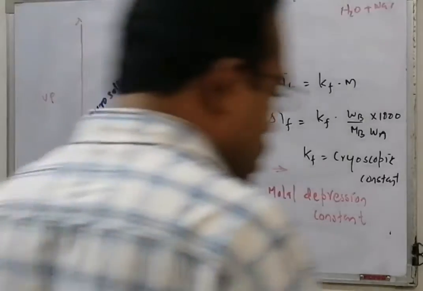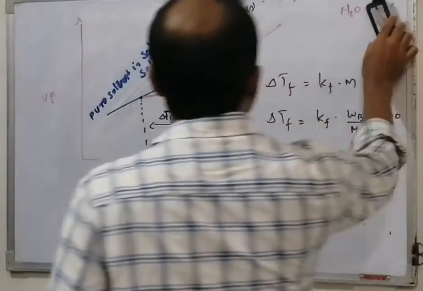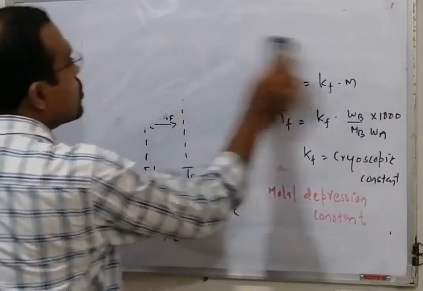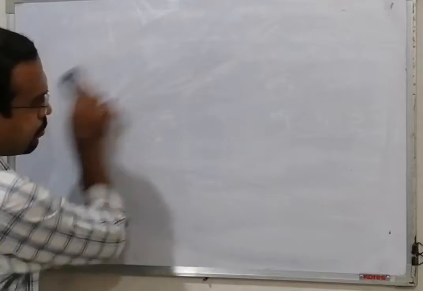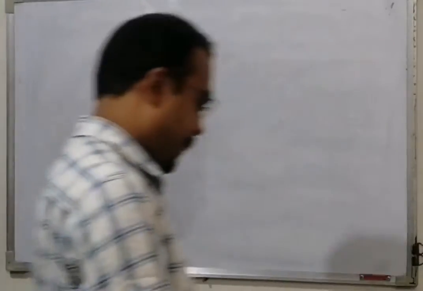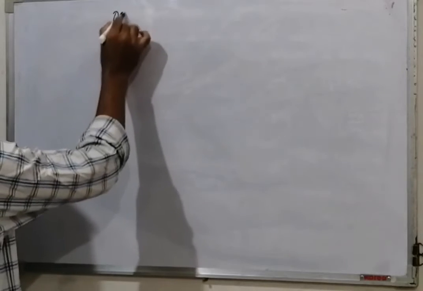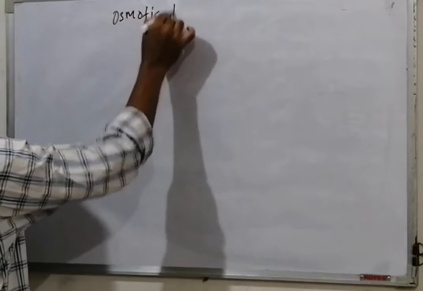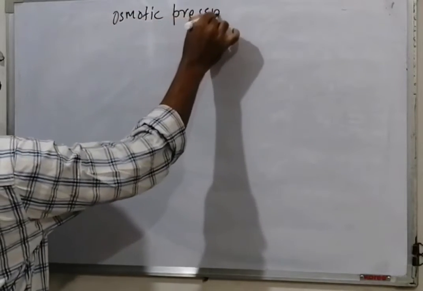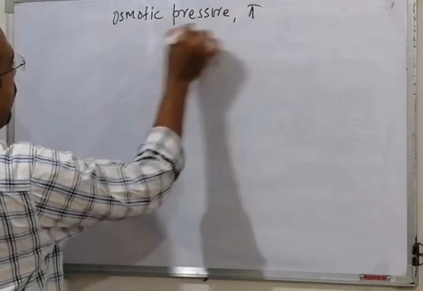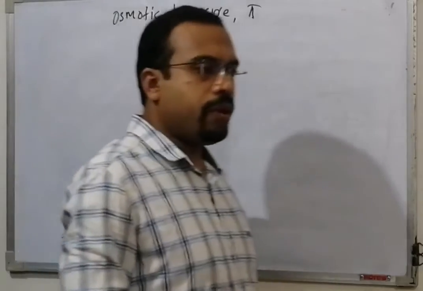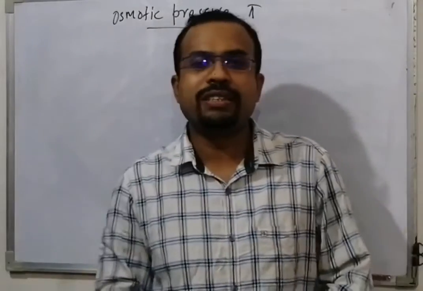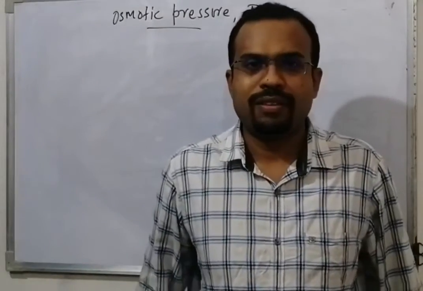Okay, students, let us go to the next colligative property, that is osmotic pressure. So far we have discussed vapor pressure.